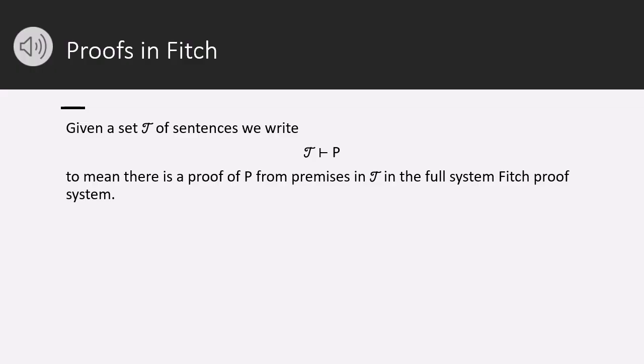We'd also like to introduce the single turnstile for the syntactic notion of a proof. If we have a set of sentences, script T, we'll write script T, then the single turnstile and P, to mean that there is a proof of the sentence P from some premises in script T using the full Fitch proof system, which includes the identity introduction and elimination rules, and the quantifier introduction and elimination rules.